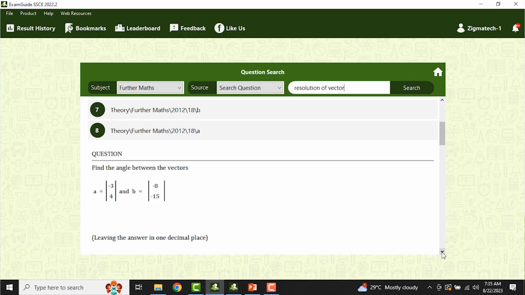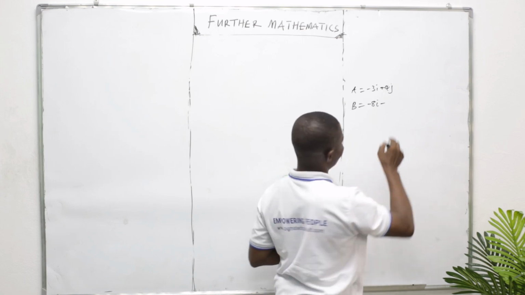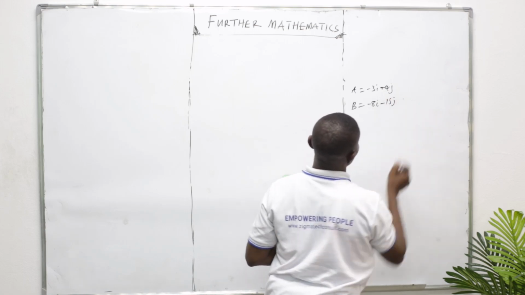The angle between, I have A equals minus 3i plus 4j and B equals minus 8i minus 15j.